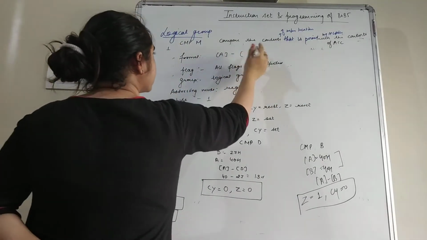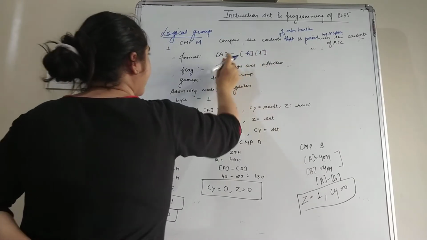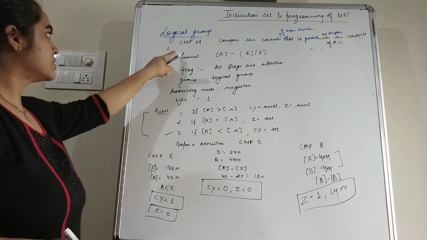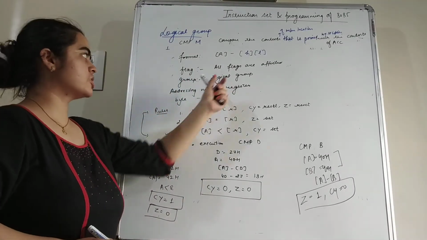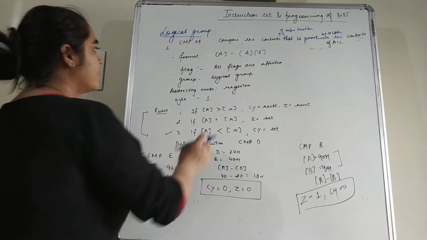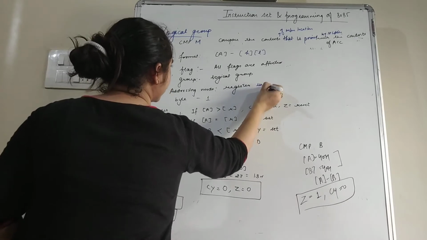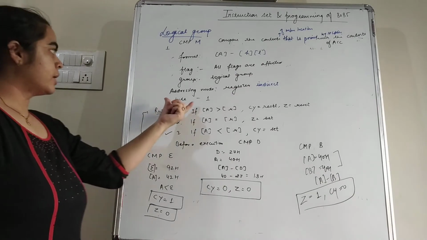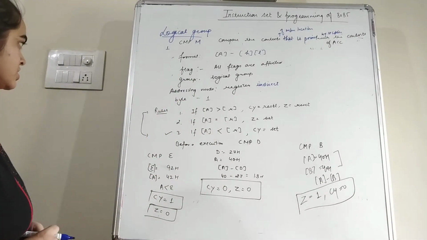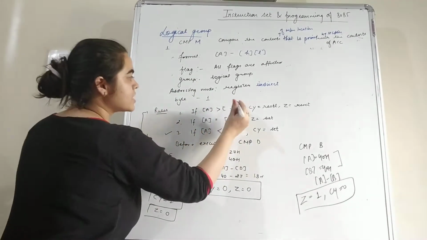So the format of this instruction is A minus HL. Again for this instruction all the flags are affected, and the group of this instruction is logical group, and the addressing mode is register indirect, because M is given in the instruction, and 1 byte is used by this instruction.